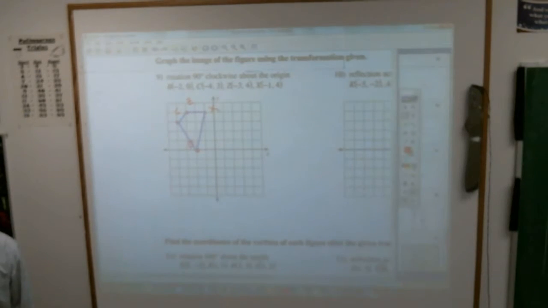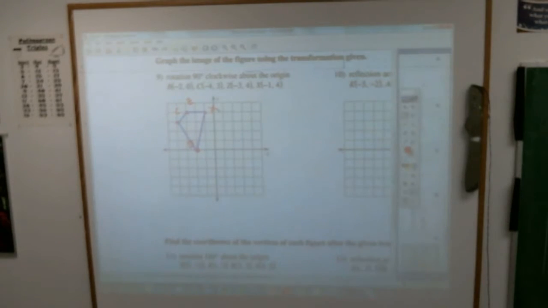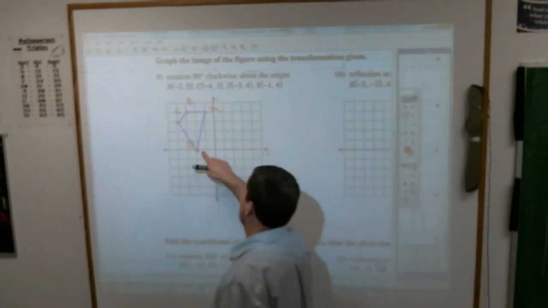You got it already there? About the origin. Yours, you rotated about that one point down the shape. You rotated it 90 degrees on this point.